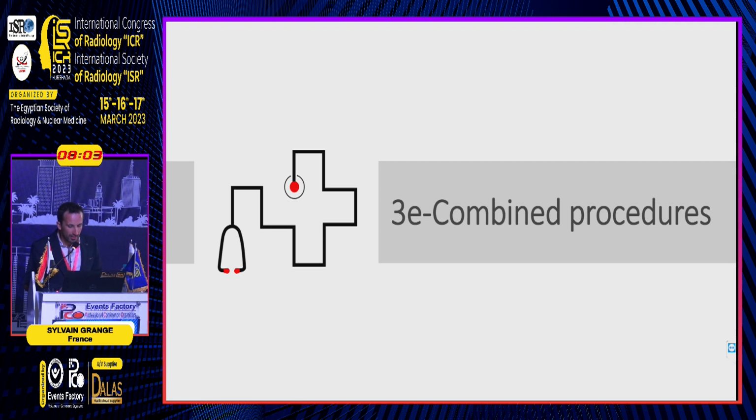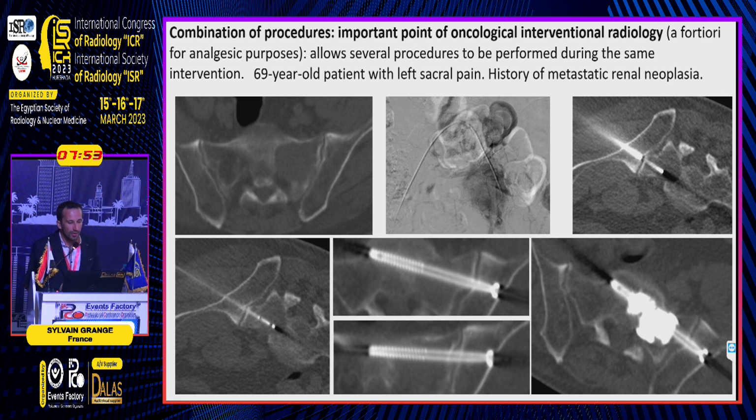Combined procedures are very important because the interventional radiologist can perform several procedures at the same time. So this is an example of a 69-year-old patient with left sacral pain and a history of metastatic renal neoplasia, with a high risk of hemorrhage.